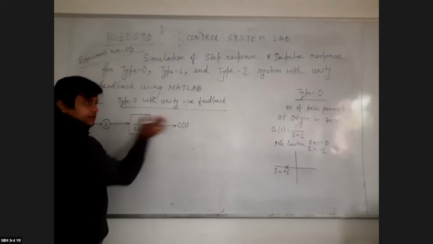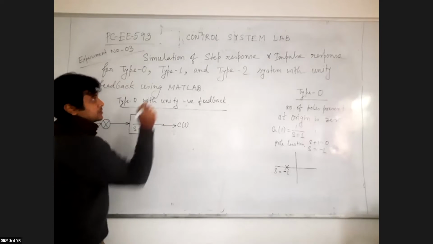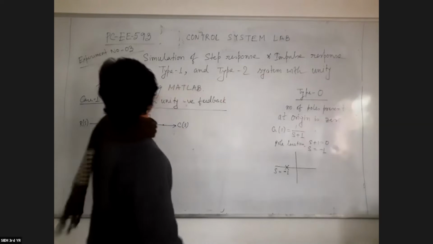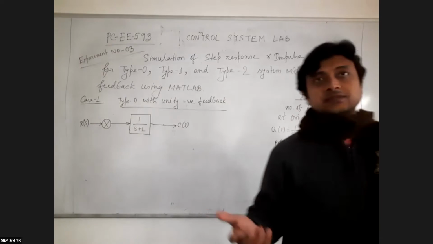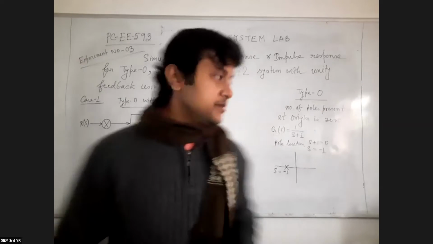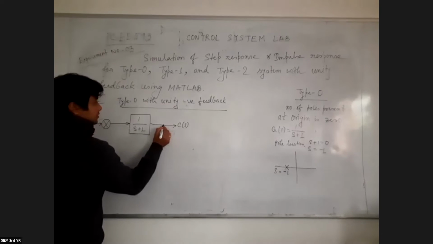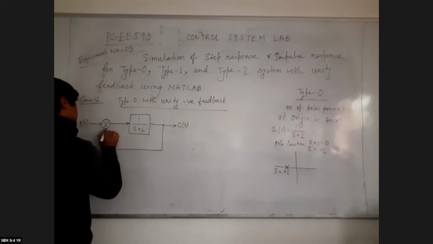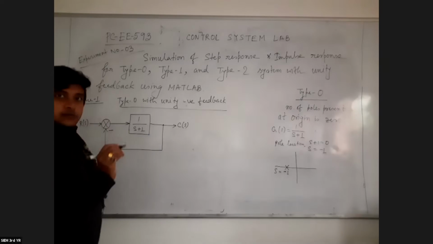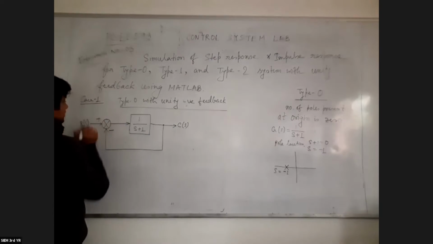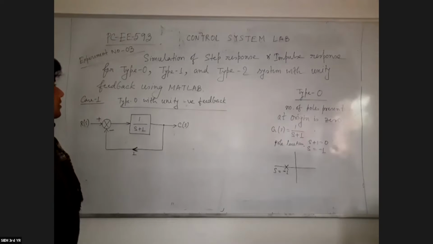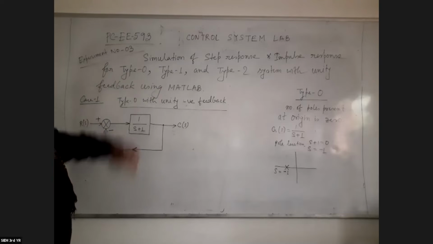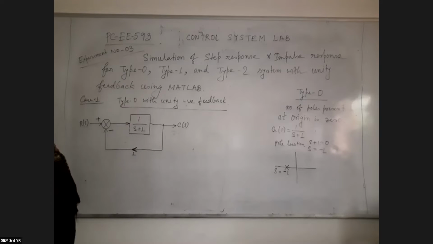Now this is the forward function, and as per the question, with unity feedback. In about 95% of industrial applications we use negative feedback, because negative feedback is utilized to minimize the error. Here H(s) is 1. You need the step response as well as the impulse response.